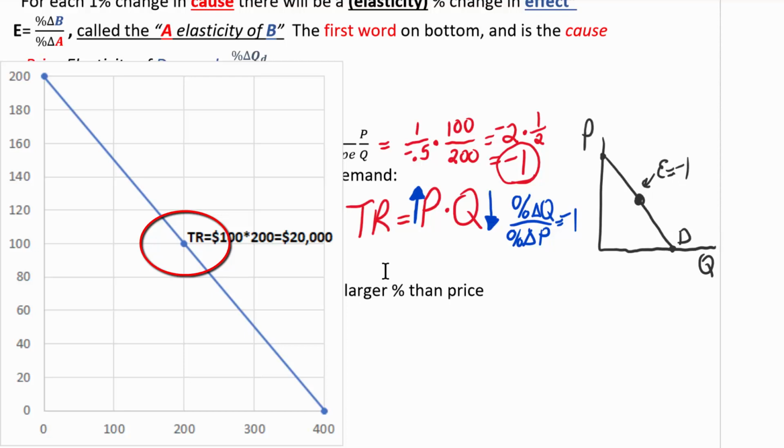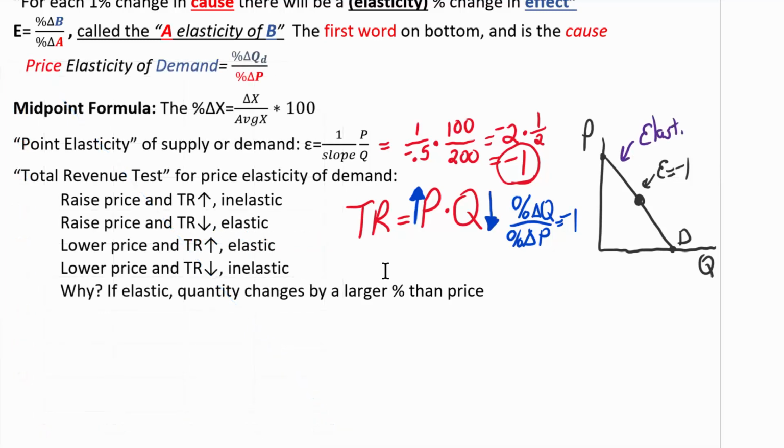At that point, that is where the total revenue is maximized. So if we were dealing with a straight line demand function, at that one point where the elasticity equals -1, we know everywhere up top we are elastic, and everywhere on the bottom we're inelastic.